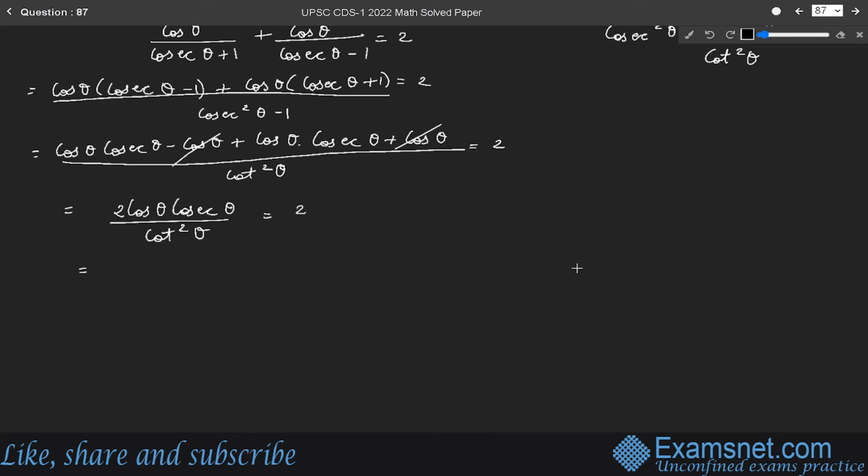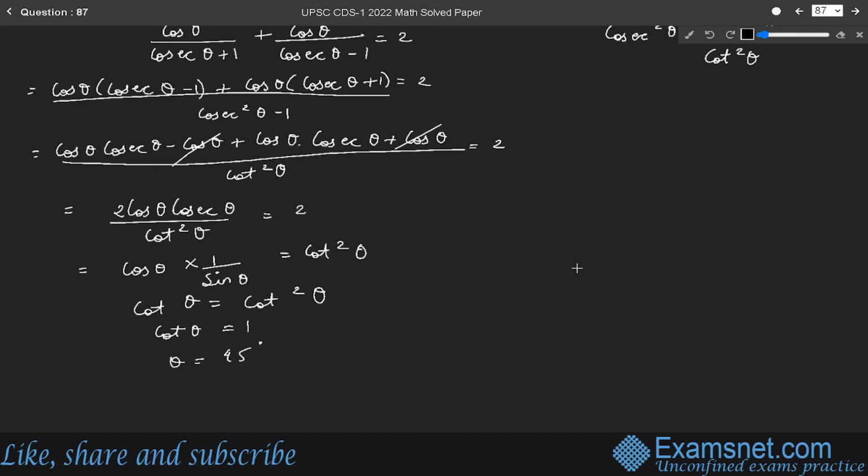Further, it can be cos theta into 1 by sin theta, because we know that cosec theta is equal to 1 by sin theta, is equal to cot square theta. So from here we get cot theta, which is cot square theta. So we can say that cot theta is equal to 1 and theta will be 45.